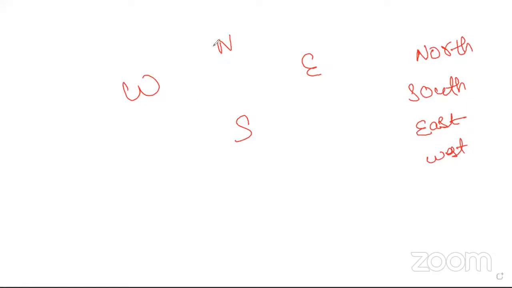Okay, north, south, east, west. Look, this is forming a circle. I am explaining the logic, not the questions. First, go by the logic. Imagine this is a circle. In a circle, what is the total angle? Can anyone tell me?